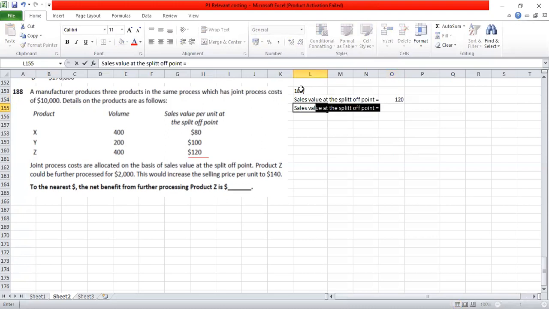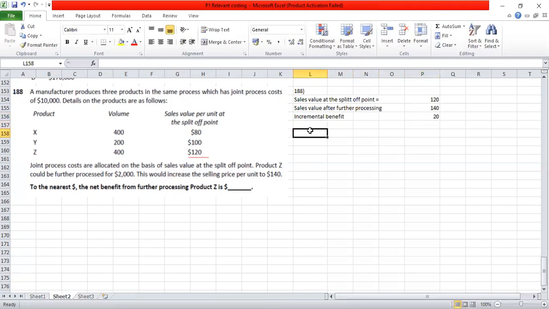Sales value after further processing is 140. So the incremental benefit is 20. Now the incremental benefit has to be compared with the incremental cost.